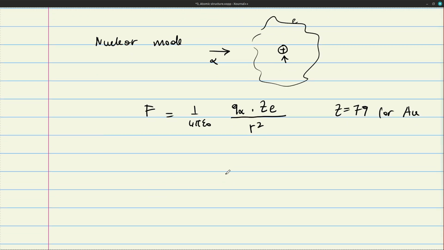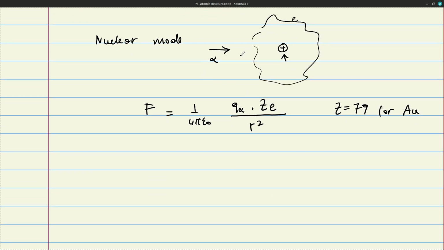So the key is that this process is just a Coulomb interaction, basically scattering from a Coulomb potential. Because electrons are very light, right? A proton is 1,000 times heavier than an electron.